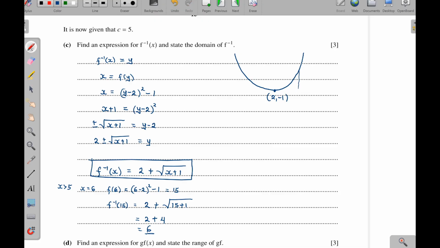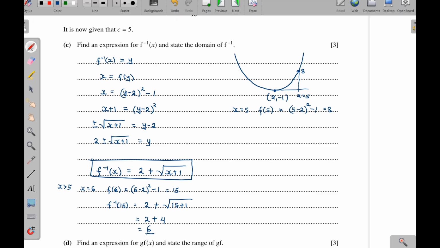So at x is equal to 5, what will be the value of f here? f of 5 is going to be 5 minus 2 squared, minus 1. No, that will be 3 squared, that will be 9, then minus 1, we get 8. So that means this value here is 8.